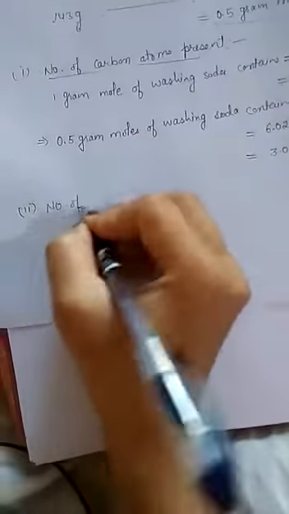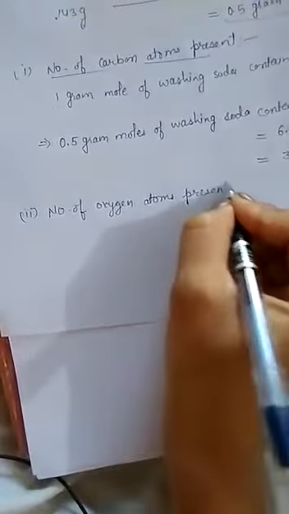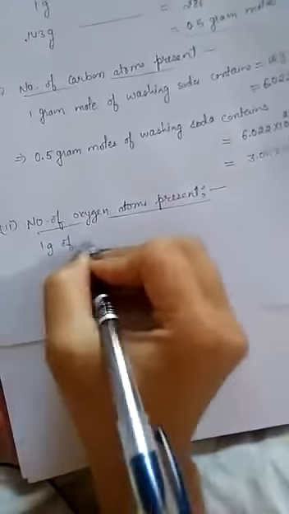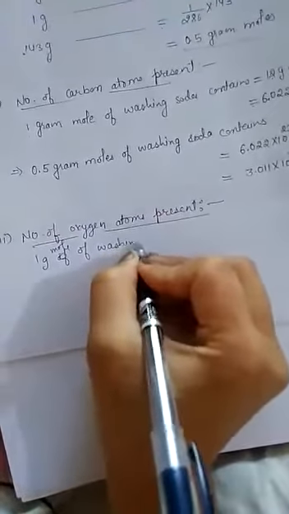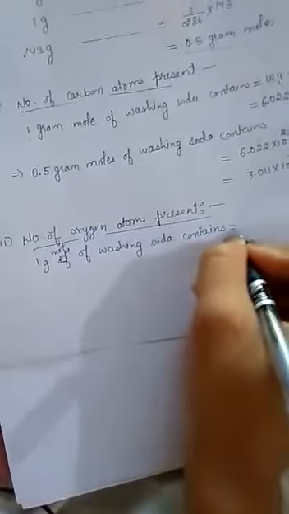Now we will calculate the number of oxygen atoms present. Now see, 1 gram mole of washing soda contains how many atoms of oxygen?